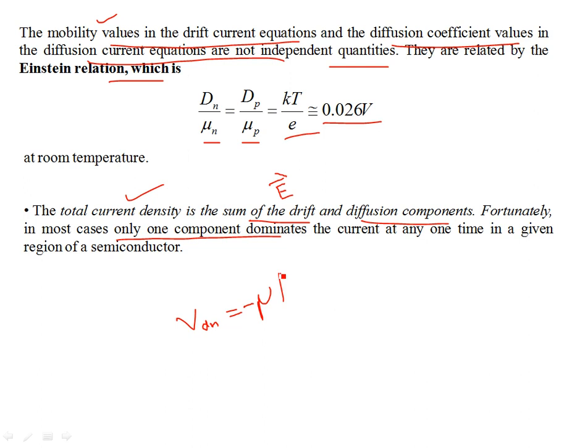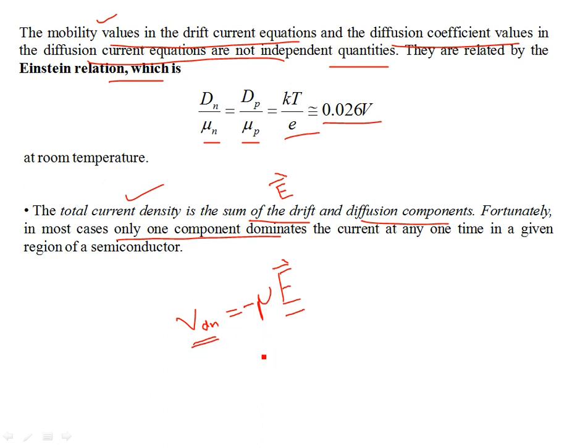So in the case of N-type material, where the charges are predominantly negative electrons, as you increase the electric field, for small electric fields, the drift velocity increases. So there is a linear relationship between the applied electric field and the drift velocity. The drift velocity is due to the applied electric field.